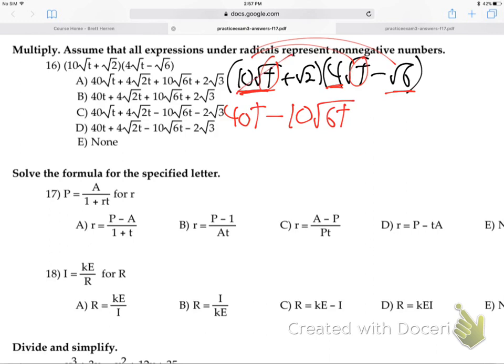He's done. Next, this guy is going to go to both. Plus 4 root 2t minus root 12. Is that good? 2 times 6 makes 12. Now, one thing left to do. 12 can be broken down.